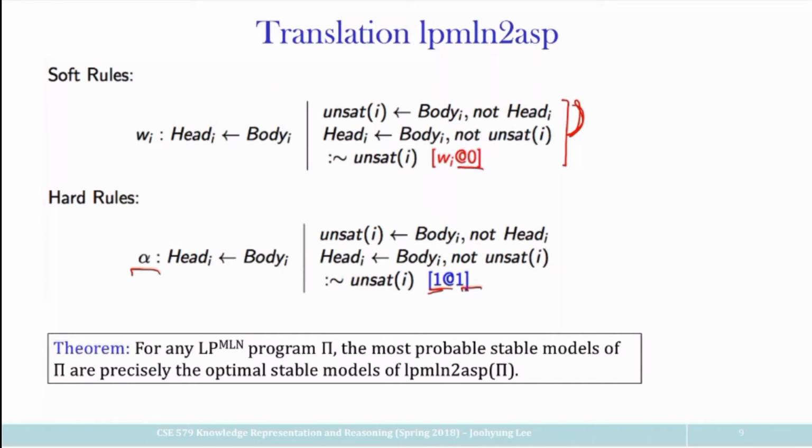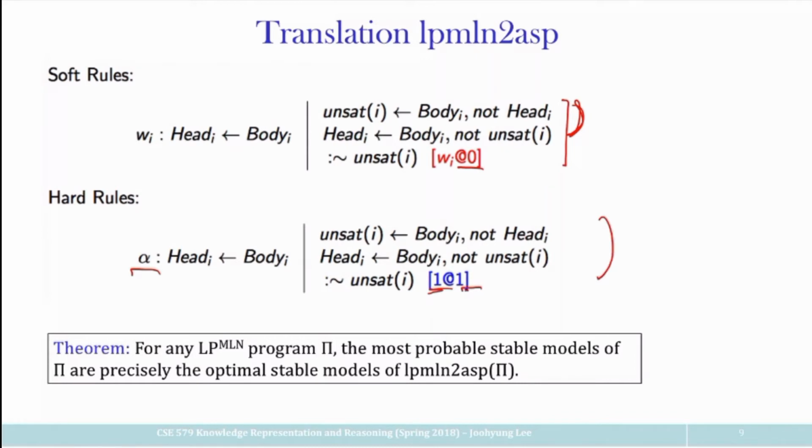And one more question is, why do we need unset I for hard rules? It should always be satisfied. No, look carefully. We actually talked about this last time: sometimes we want to violate hard rules. Remember the bird example, sometimes you want to ignore hard rules. In that case, you need this.